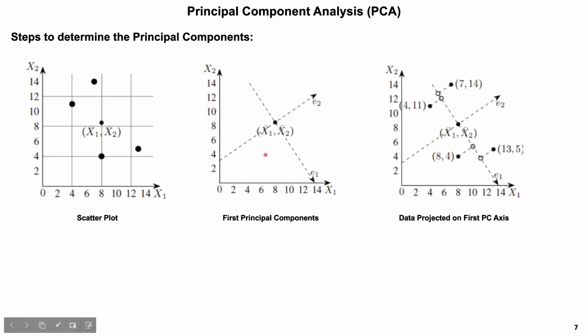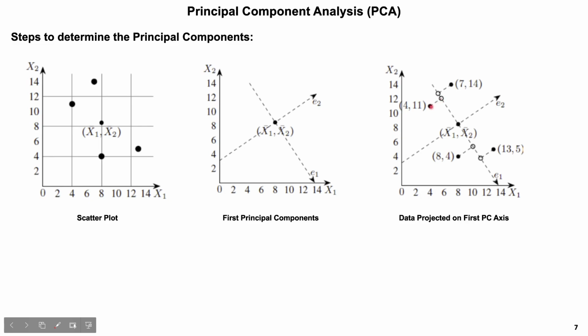So we have our axis here, and now we have our data points. So by the calculation of that PC11 and PC12, the last part of the calculation, we are just projecting our points to the first principal component axis.